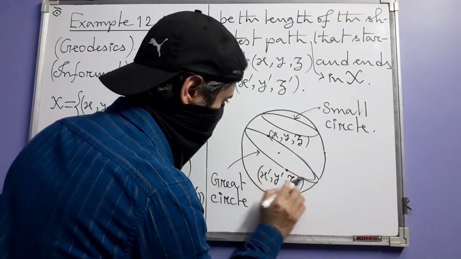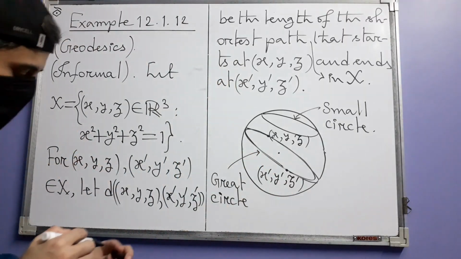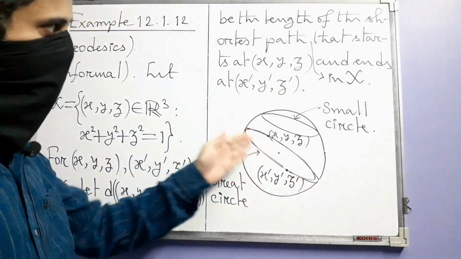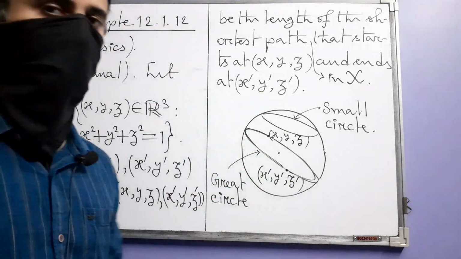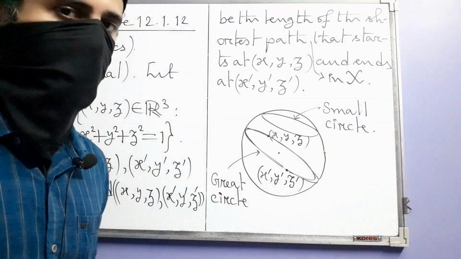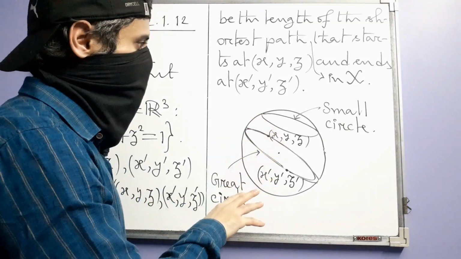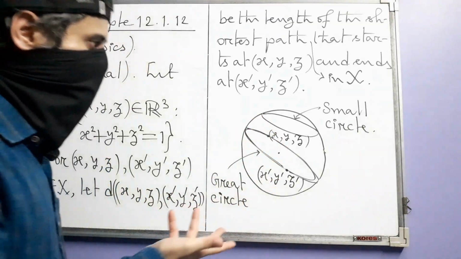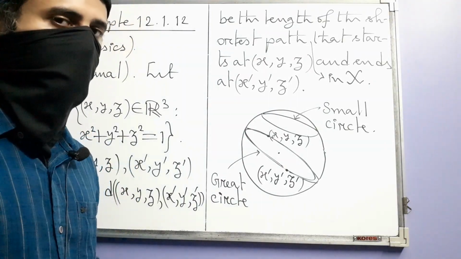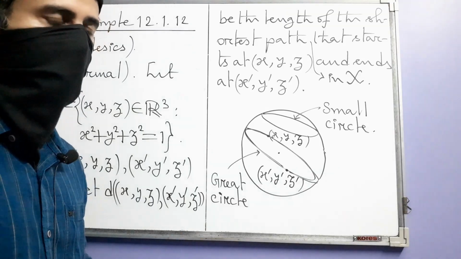One of them is this and the other one is this. The one which is of smaller length will have that length which will be the distance between these two points. In this metric, it is also a metric, but we want to prove this. The fact that this thing happens needs the calculus of variations for its proof, which we don't really know at this stage, and we won't worry about that.